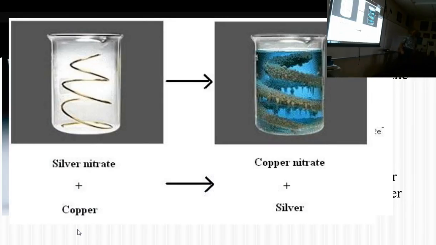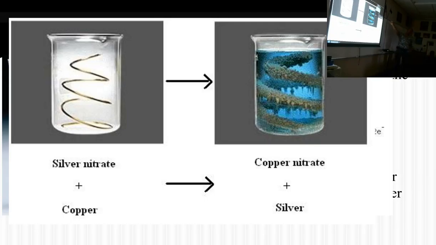This is just another example. Silver nitrate in solution, and then you add a copper strip to that, and the copper is going to go into solution, and the silver is going to clump up on the strip, and you'll wind up with silver coming out of solution and copper going into solution. And again, the silver in solution is an ion.